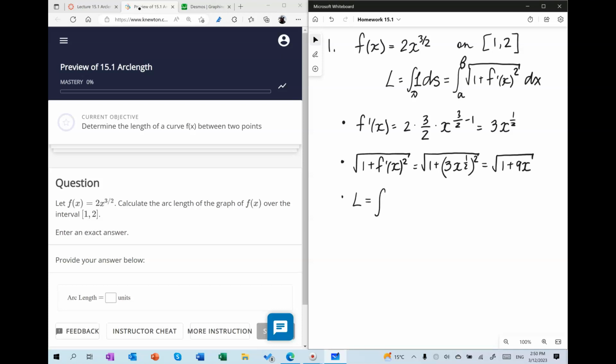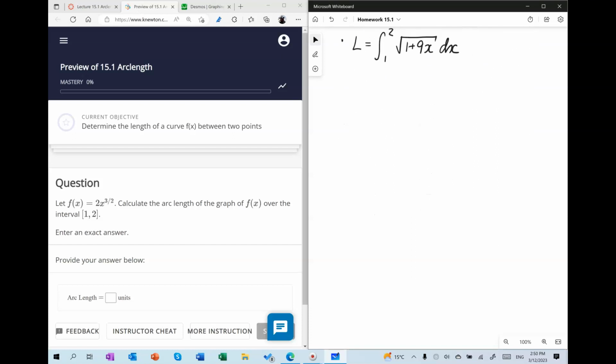L is going to be the integral from 1 to 2 of the square root of 1 plus 9x dx. And at this point, we can totally ignore where this problem came from and just focus on finding this integral. We're going to set up substitution, and the substitution here will be what's inside of the square root: t equals 1 plus 9x.